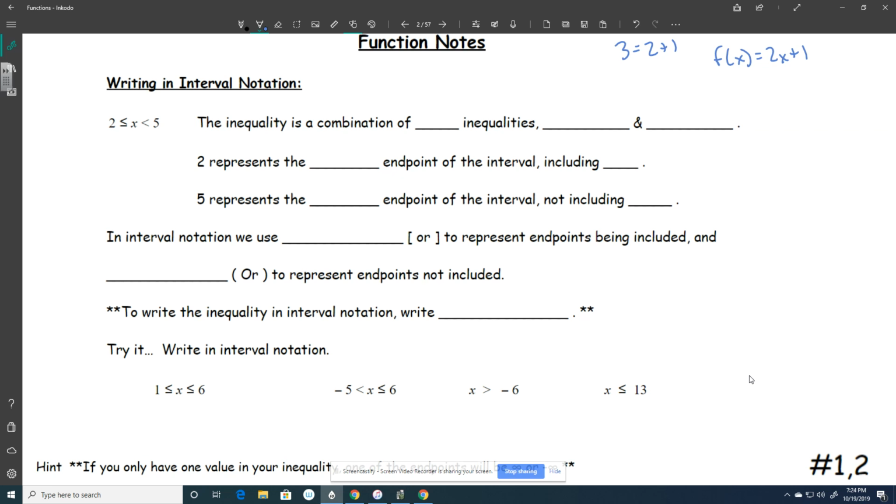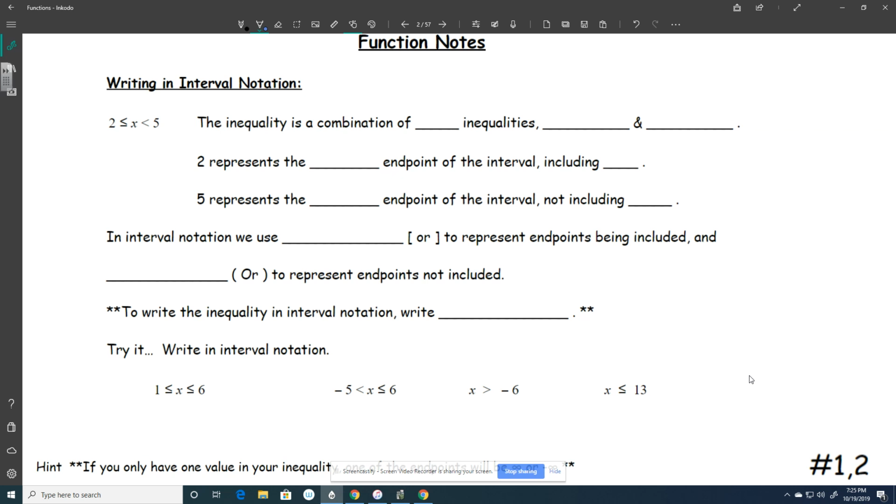And usually when we're talking about a function that lives on a graph, that's our y value. But for whatever value x we plug in to the equation, we're going to get an output that represents y on our graph. So we've got an input x and output y. And we're going to get into that in a lot more detail as the next couple of weeks go on.